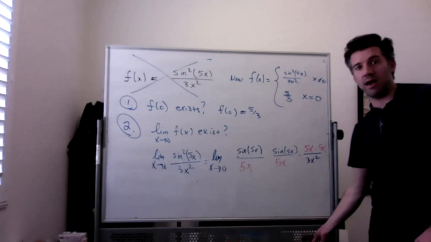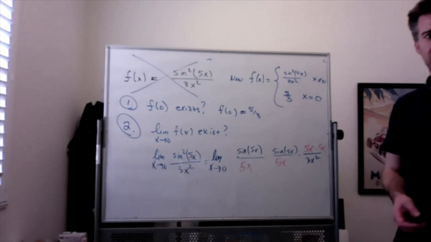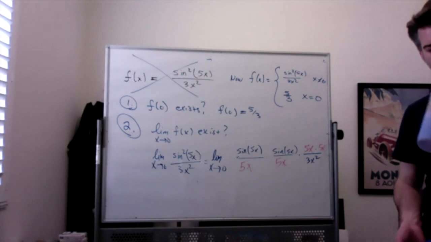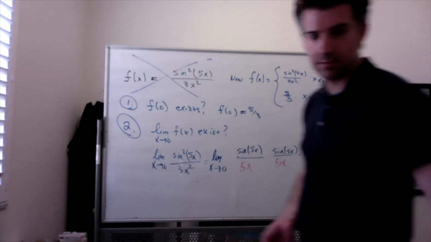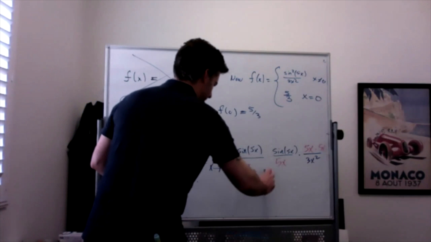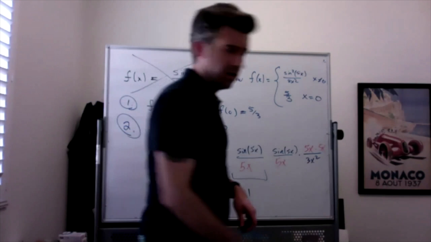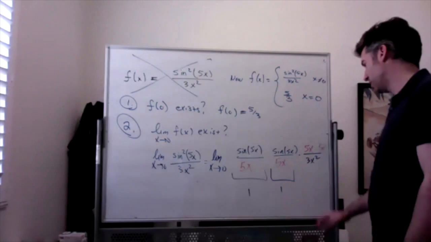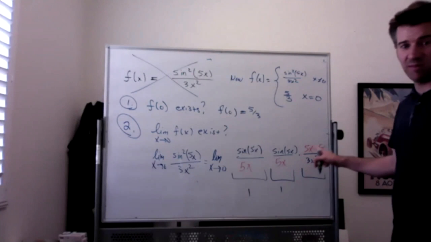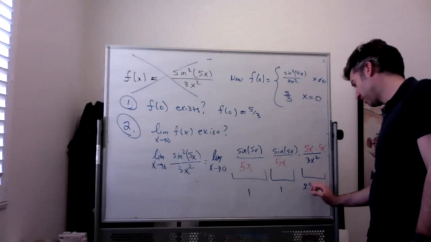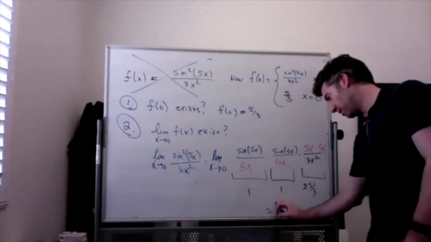All right, so now everyone should be able to tell me what this limit is. The limit as x goes to 0 of sine of 5x over 5x is 1. And then 5x times 5x over 3x squared simplifies to 25/3. And so my whole limit is 25/3.